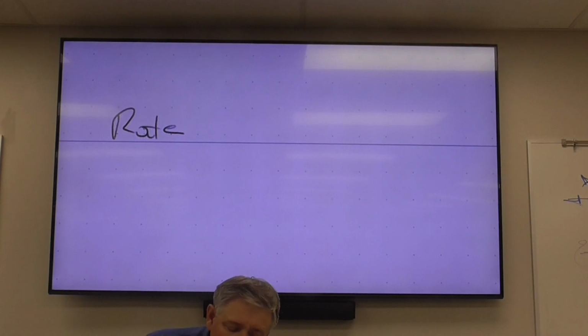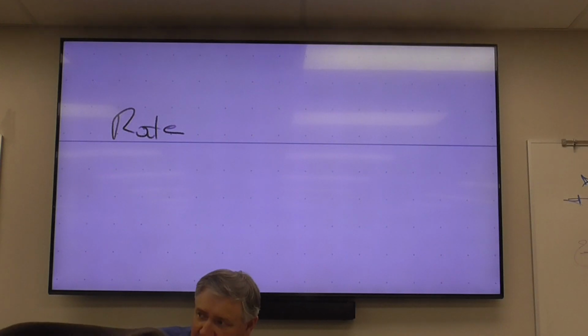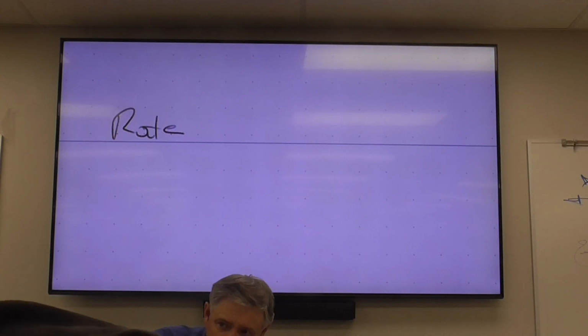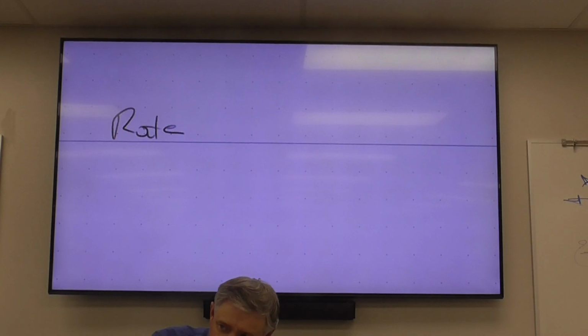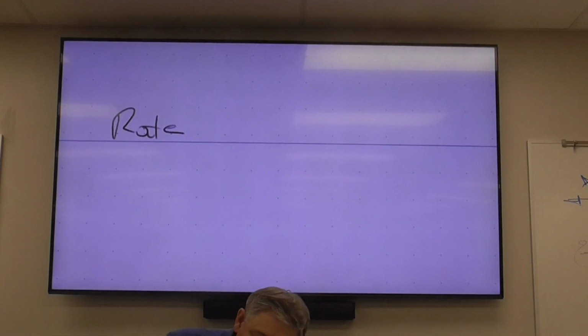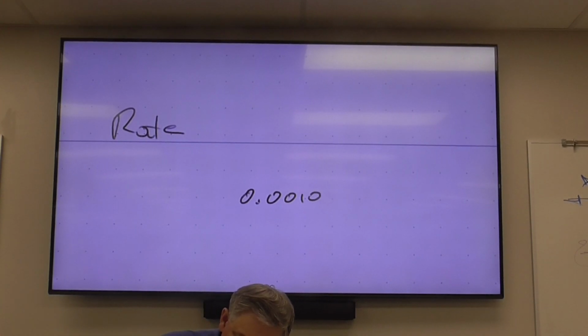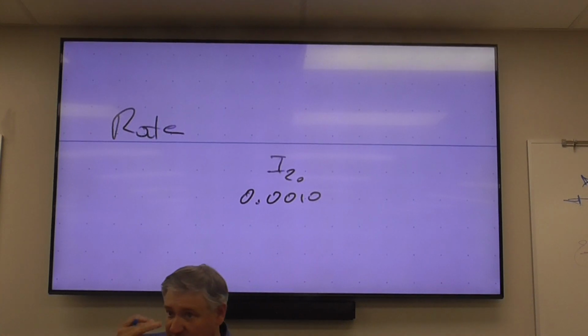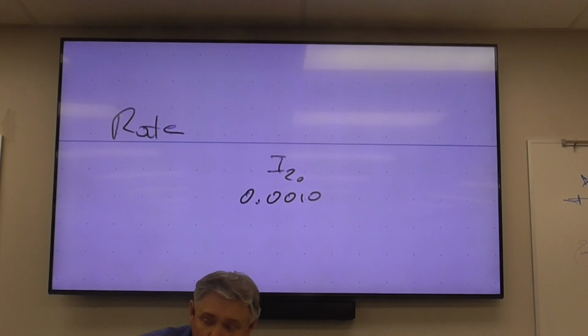Let's find out the calorimeter temperature. What you're going to do is base this reaction on, in this case, the rate of disappearance of the iodine. On that first one, you're going to know the initial concentration of the iodine, which, if you do the math, should be 0.0010. That's the initial concentration of the iodine. Obviously, when you get done, what's the final concentration of the iodine? 0.